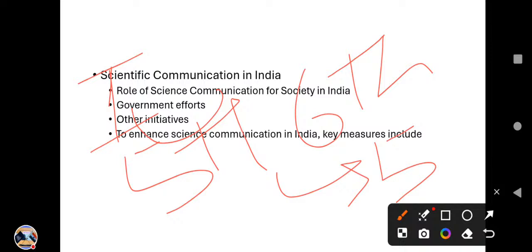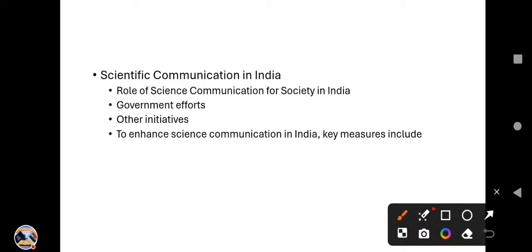Next is Vigyan Prashar. Vigyan Prashar is an organization which was established in 1989 by the Department of Science and Technology to popularize science, and CSIR as well, promoting science through the National Institute of Science Communication and Policy Research.